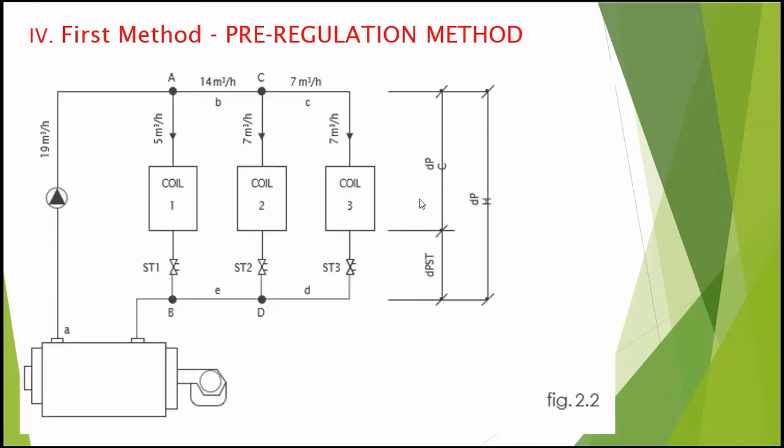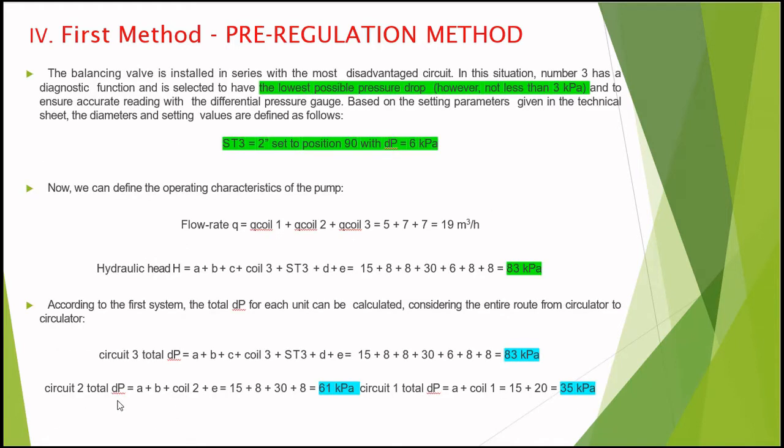We have to note that in this circuit we consider static 3, but in other circuits, if we are going to calculate for coil 2, we should not consider static 2 and static 1, as we can see here. Circuit 2 dP is A plus B plus coil 2 plus E only, without static 2. Circuit 1 as well, its total dP is equal to A plus coil 1 only, without static 1.